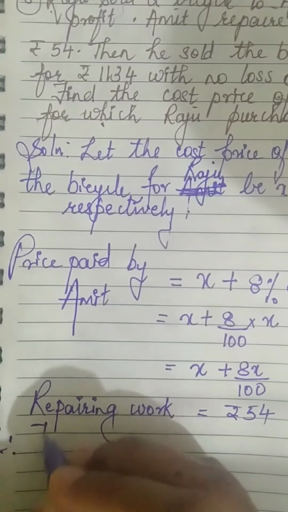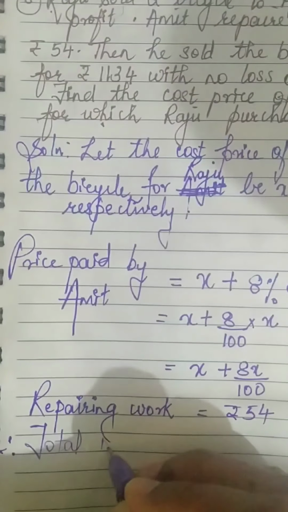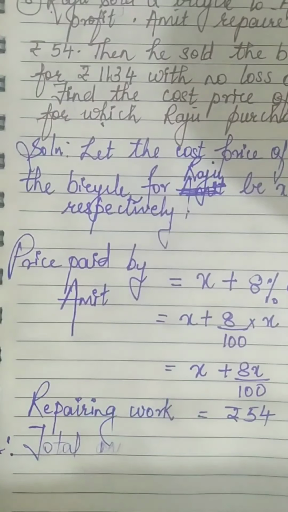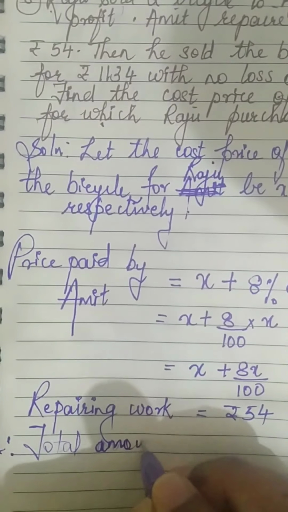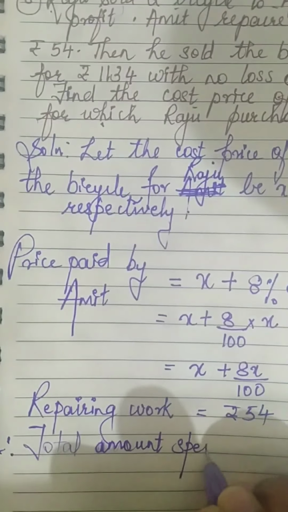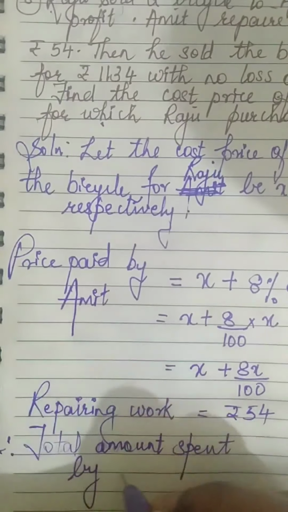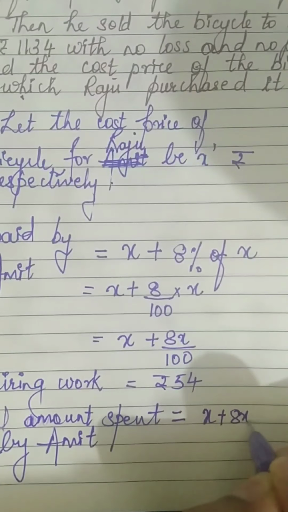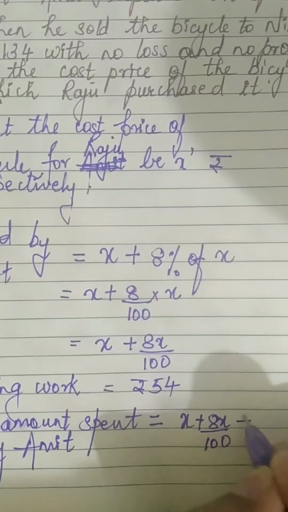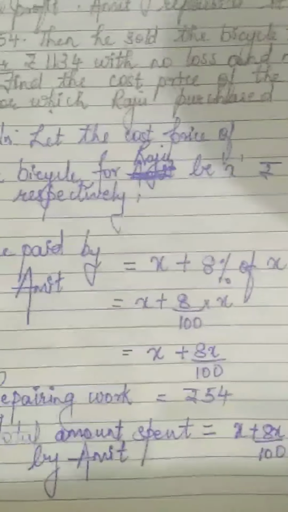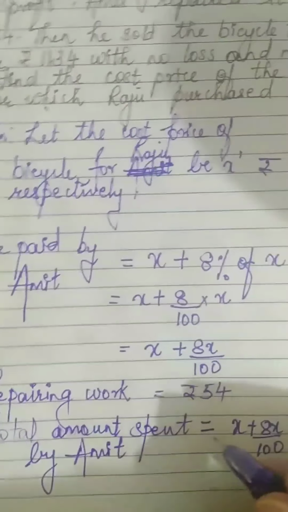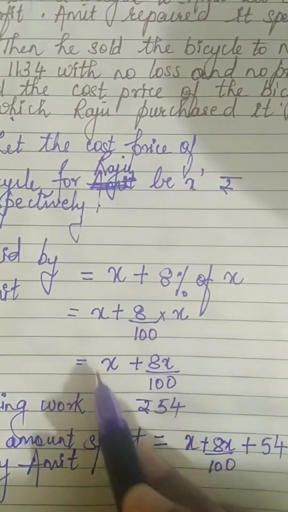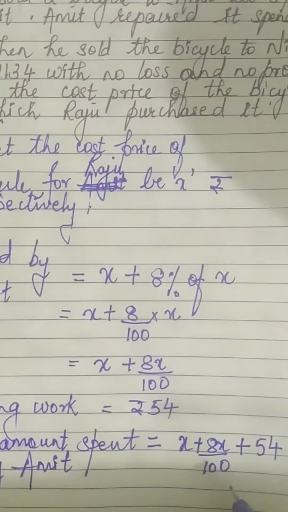So next step you will write, therefore, total money or total amount spent by Amit is equal to x plus 8x upon 100 plus 54. Okay. Total amount spent by Amit is equal to x plus this and 54.